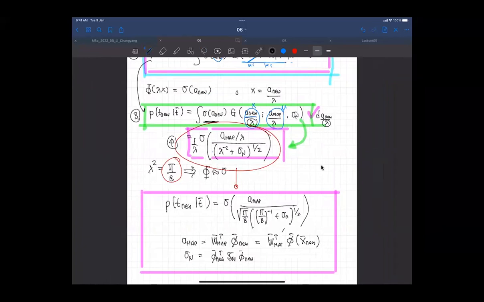But anyway, at the end of the day, we have the 2-point function of that variable A MAP and sigma n.